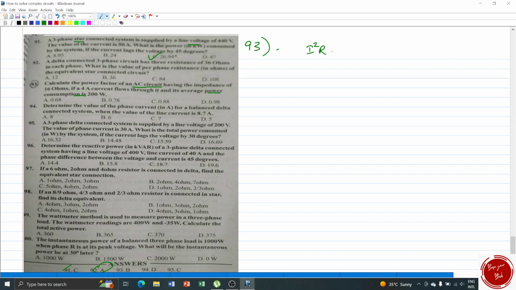So I square R is equal to 200, the current value is 4, so R is equal to 200 divided by I square. 4 square is 16, so R is 200 by 16, which is 12.5.